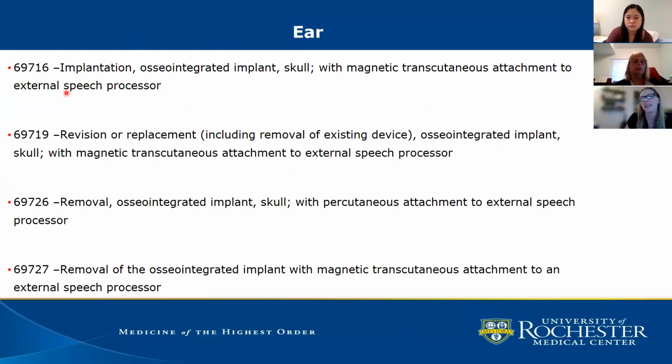So this is for the implantation of that implant here. And then if it was revised or replaced, we have 69719 for that. If they're removing that speech processor, it would be 69726. And then if it was removing the attachment to the external speech processor, 69727.